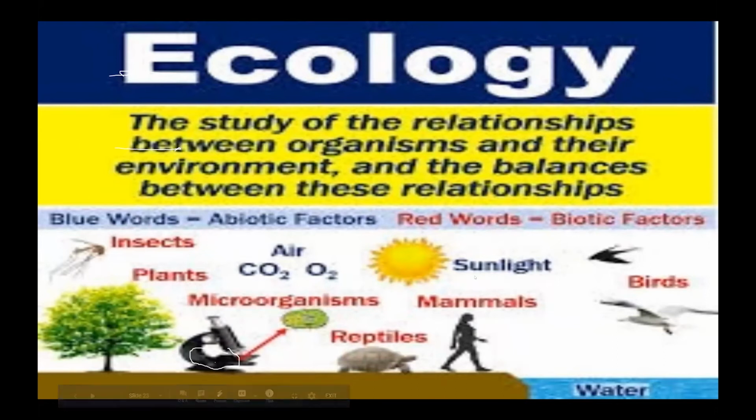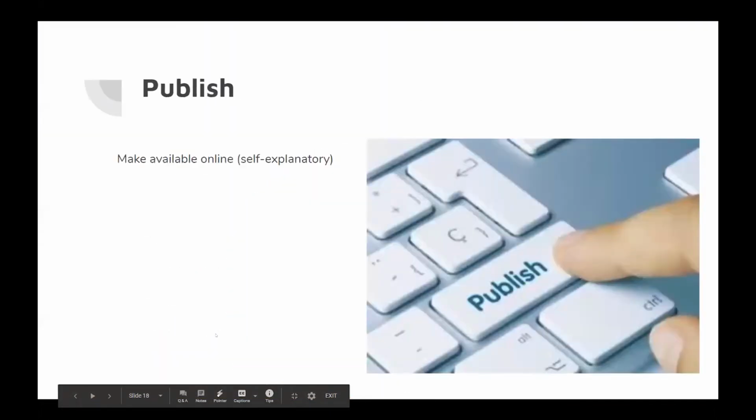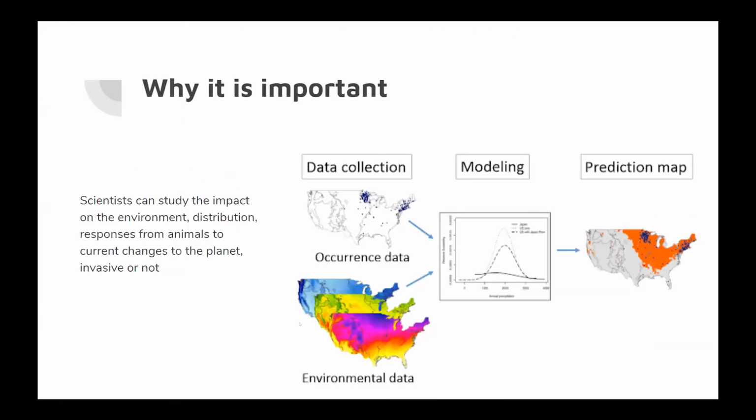So it's very useful to use biodiversity informatics because, like I said, if we can prevent and store this data, like this prediction map, we can prevent these tumbleweeds. This is in Nevada.